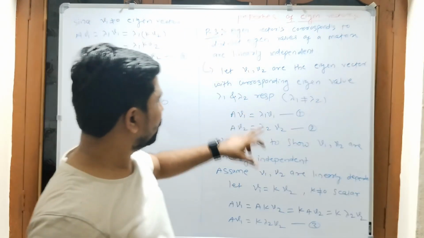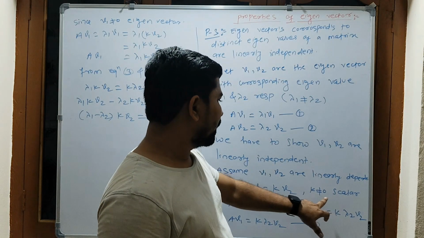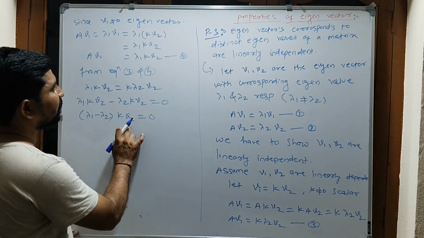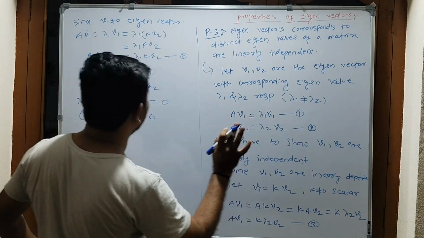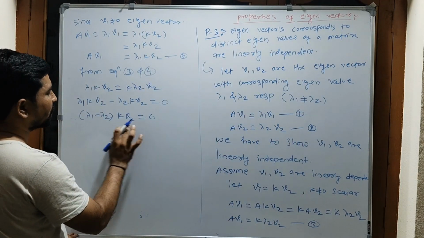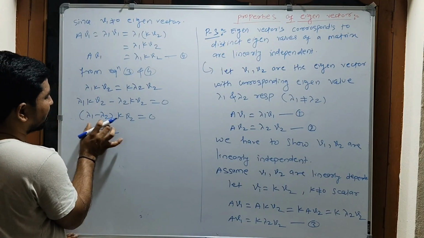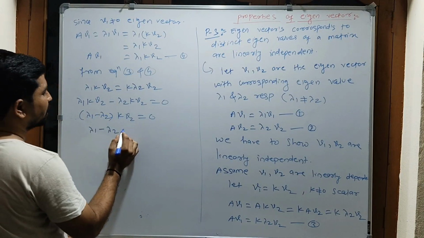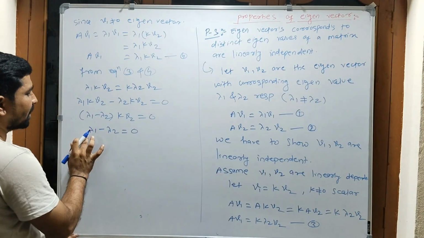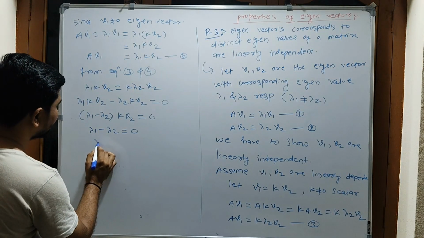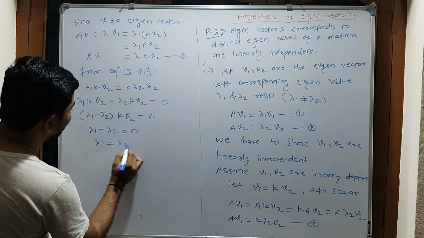Since k is non-zero, and V2 is an eigenvector that must be non-zero, this term lambda 1 minus lambda 2 must be 0. That is lambda 1 minus lambda 2 equal to 0.